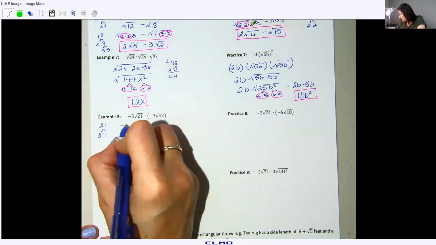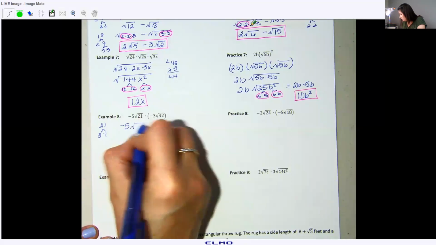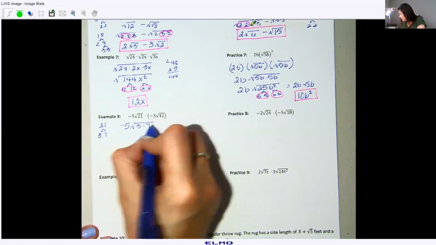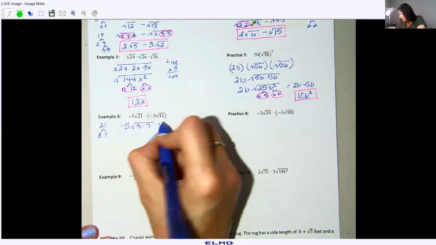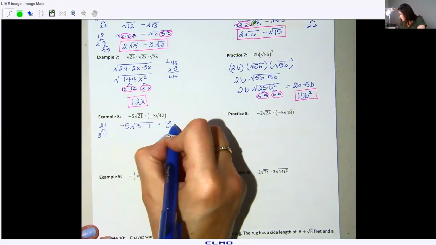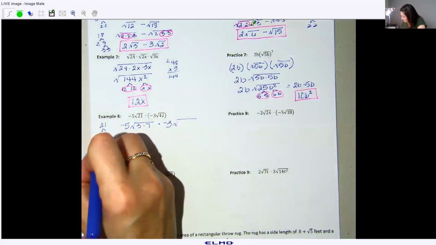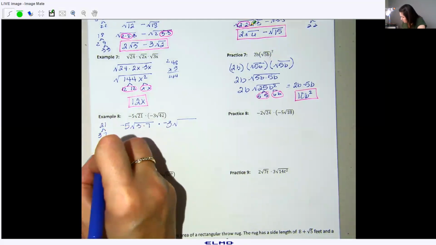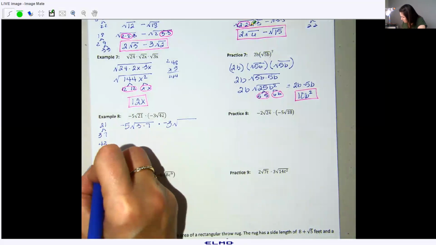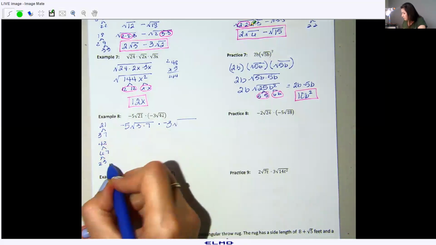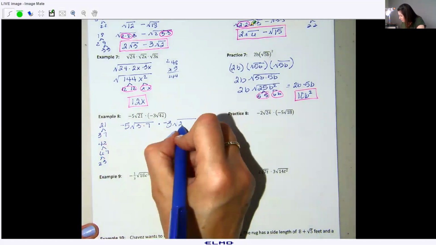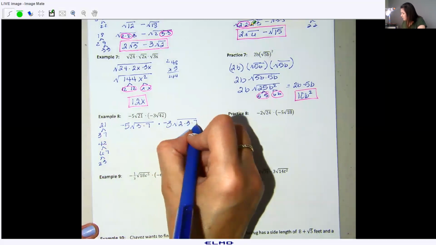So we have -5 square root 3 times 7. And then we're going to multiply that by -3. And then now I'm going to factor out the 42. Okay, so I have a 2, a 3, and a 7 that go in here. 2 times 3 times 7.